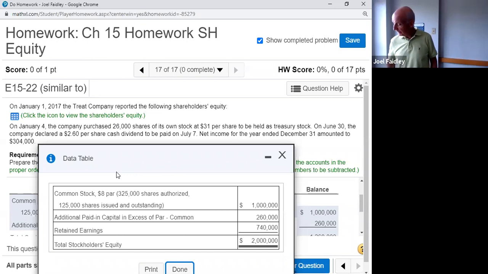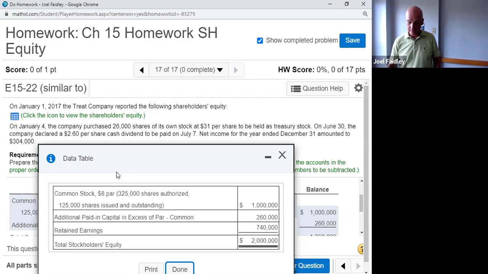What you're doing here is calculating your stockholders' equity. We've done a couple of those. You have to work through these JEs, and you need to track the retained earnings, meaning start out with your T account with retained earnings, and then work through there to find out what your balance is at the end. The common stock and additional paid in capital probably don't change. You can see the answer right to the right of that.